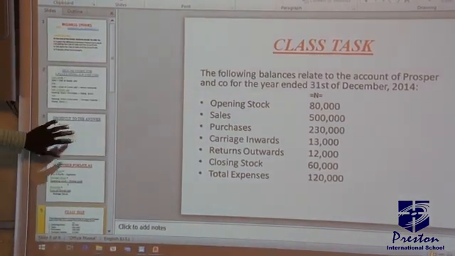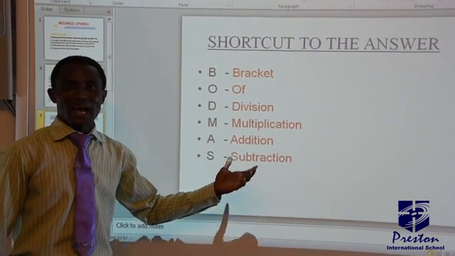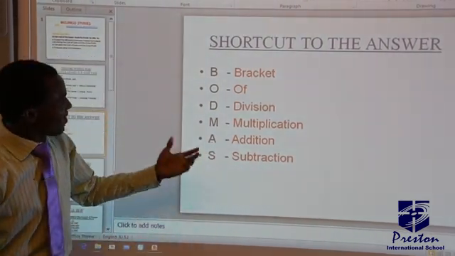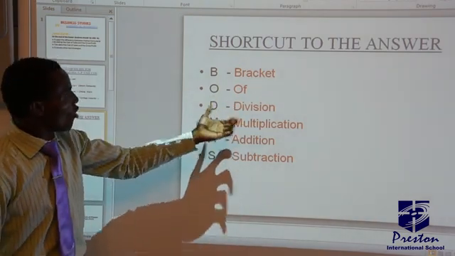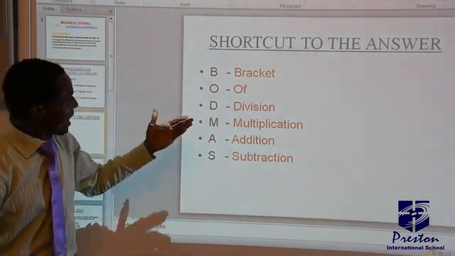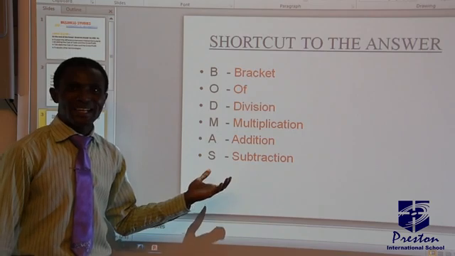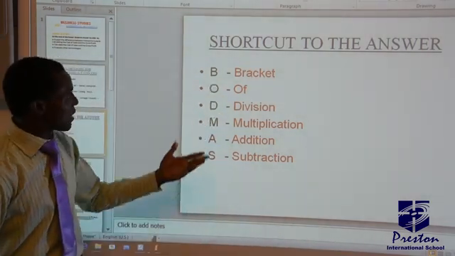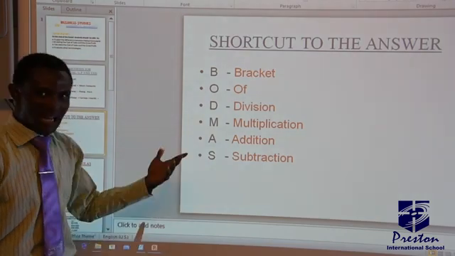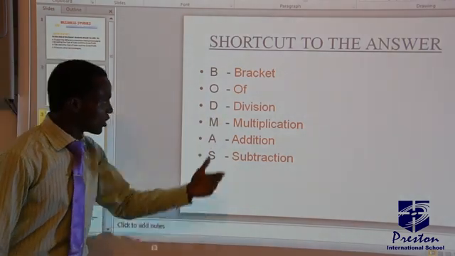Now, for you to calculate these items, you must have at the back of your mind the expected knowledge of BODMAS. When you have a good idea of BODMAS, this calculation will never be difficult for you. The B stands for bracket, O standing for of, which is as well multiplication, D standing for division, and so on.